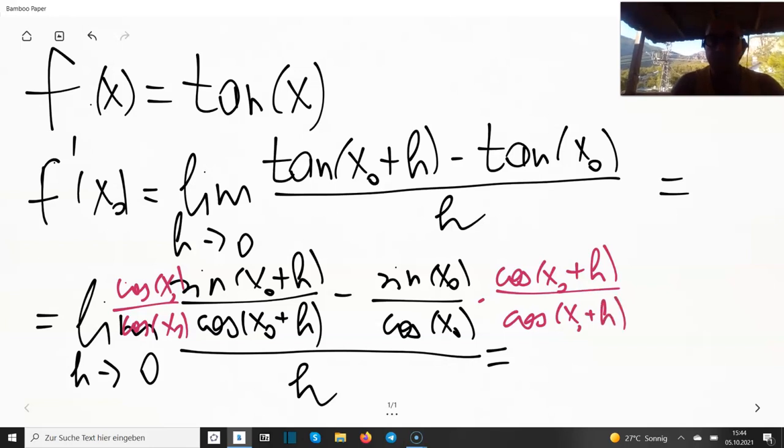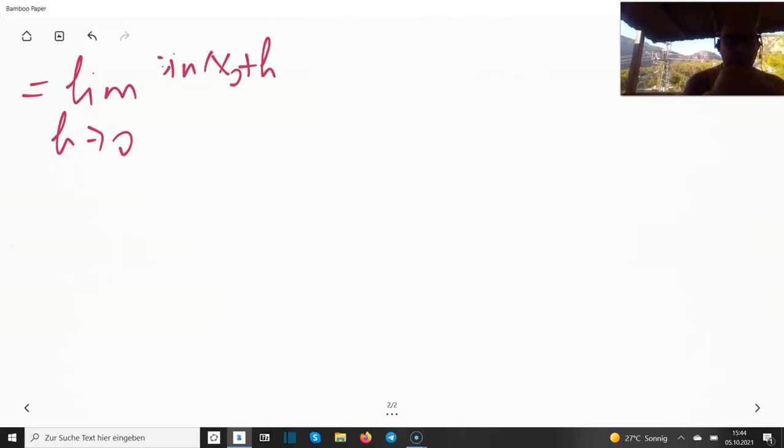And now, well, let's make it jazzy. So we have limit h towards 0 still. Now we had sine of x0 plus h. Now cosine of x0 is coming up. Then we had minus cosine. My bad. We had sine of x0 only. I just want to keep the same order I had previously.